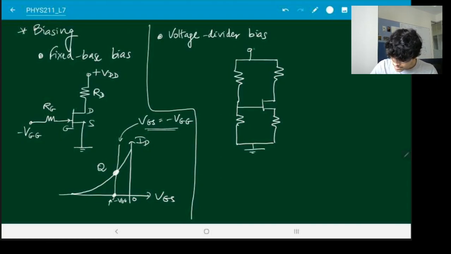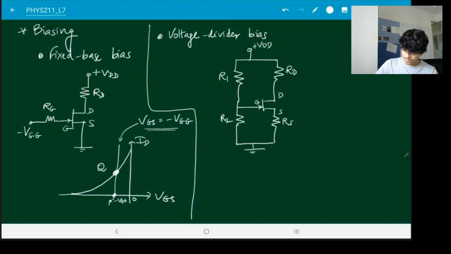So over here, instead of VCC, this is VDD. This is drain, source, gate. So this is the drain resistance. This is the source resistance. This is just R1 and R2 from your voltage divider.